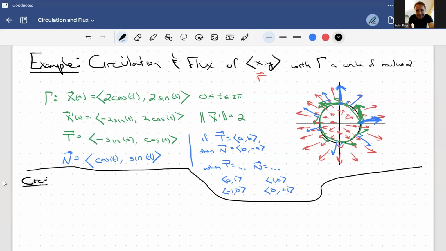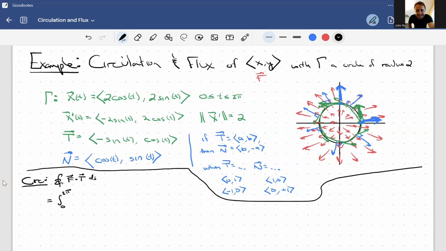From our previous problem, this will be the integral over the closed curve gamma of F dotted with T ds. That's a scalar line integral after the dot product is computed. And so that means that we will need to compute an integral as t goes from 0 to 2 pi.